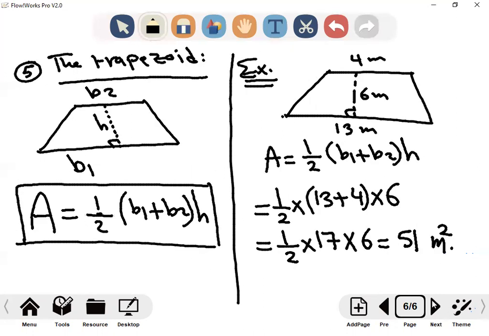And the last figure we did is the trapezoid. Mute all of you guys, please. The trapezoid has base 1, base 2, and height. The area is half brackets base 1 plus base 2 multiply height, with an example.